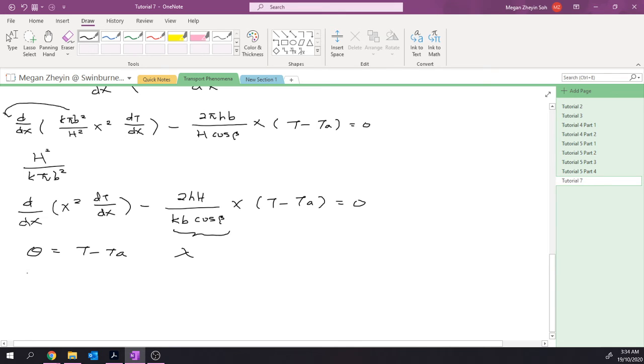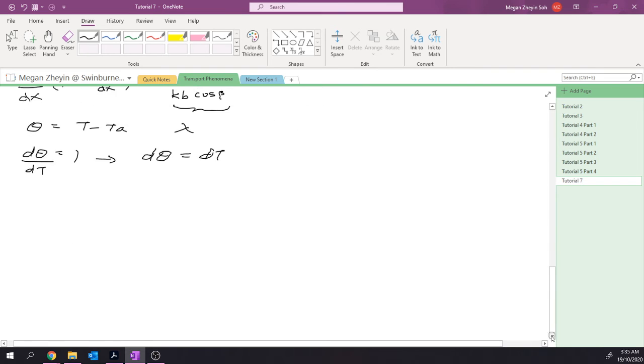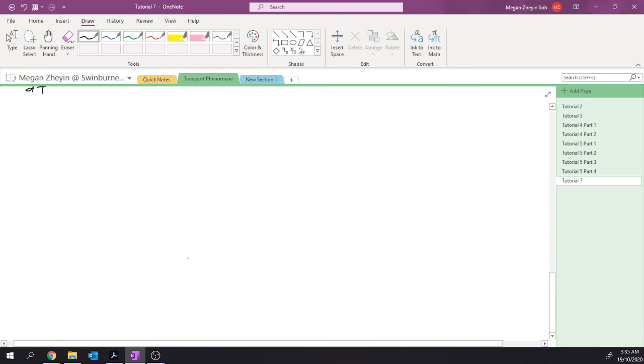Therefore, from here, because we input a new variable in, which is a function of it, d theta over dt equals to 1, which leaves us with d theta is equals to dt. So we can substitute after we change the variable.